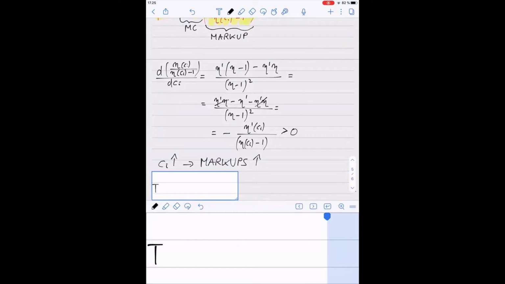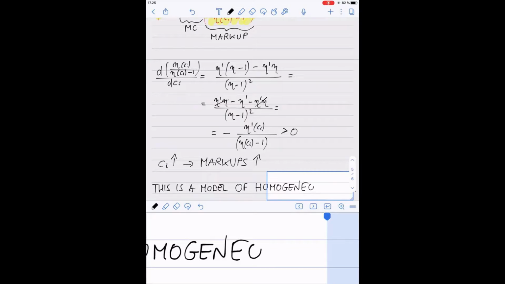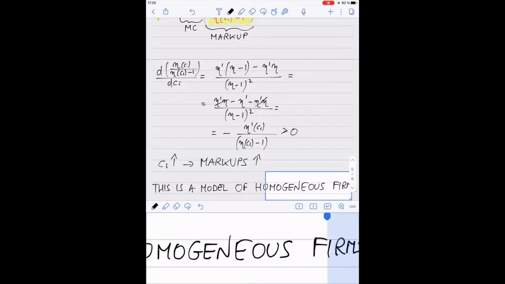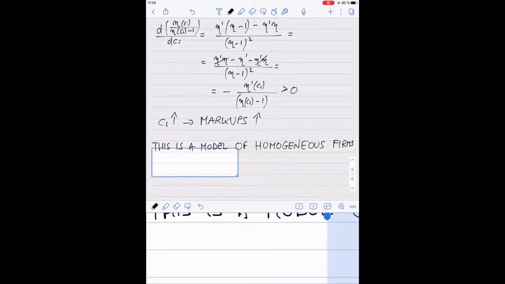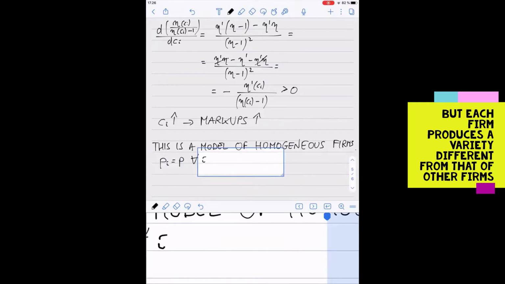So this is a model of homogeneous firms. Which means that Pi equals P for all I, and the same thing is also true for Ci.